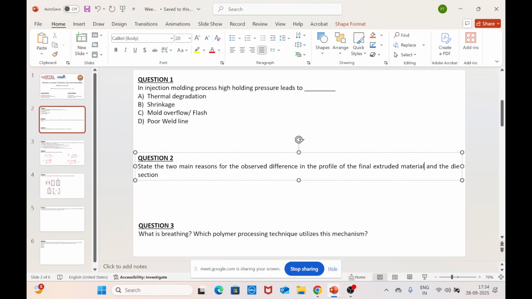They basically have different shapes. The die section and the material that you obtain are not of the same shape. Why? What could be the reasons for that?